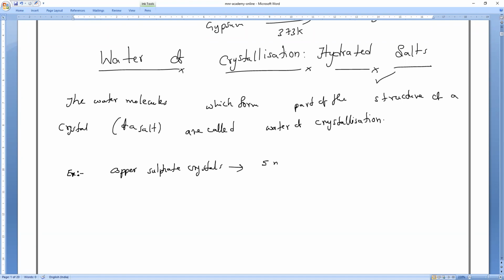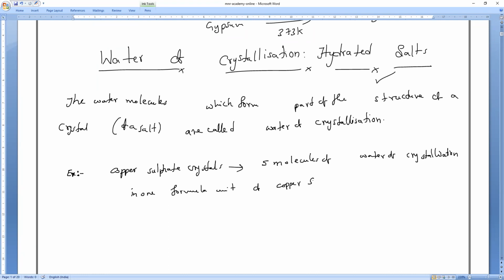How many molecules, everybody? 5 molecules of water of crystallization in one formula unit of copper sulfate.